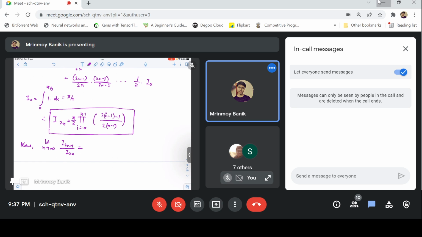So dividing by n, it's L squared by pi times 2 plus 1 by n.